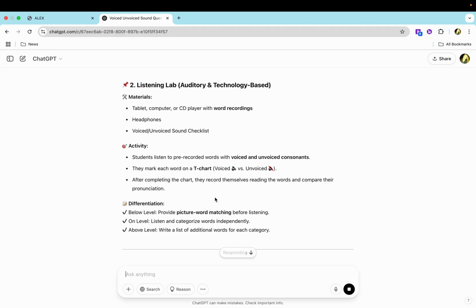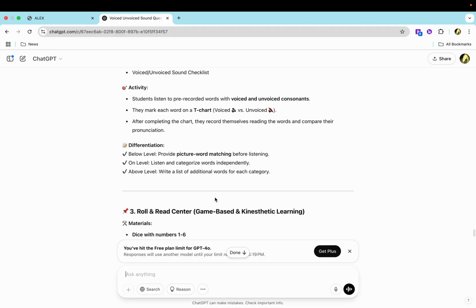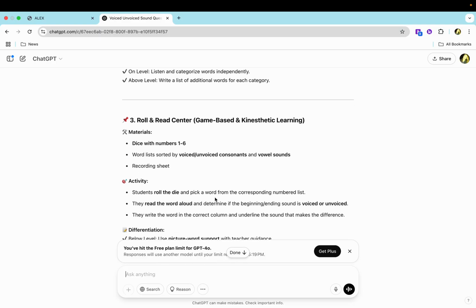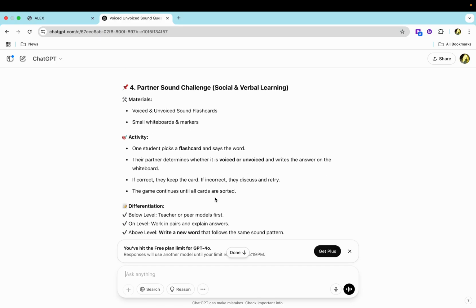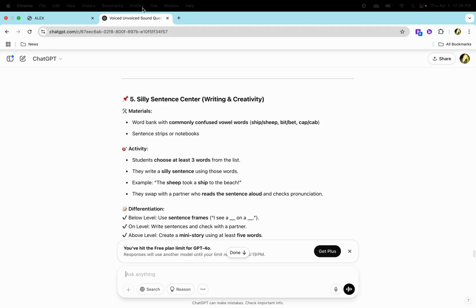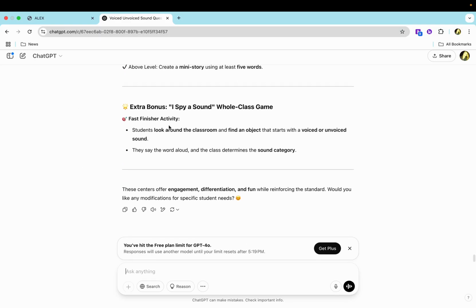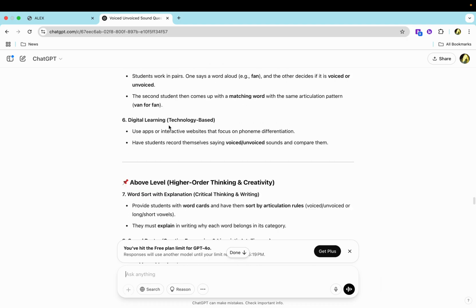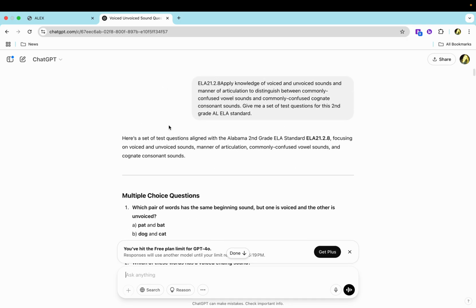Like listening lab, they could have their tablet, and then they mark each word on a T-chart, and then it even gives you differentiation for your below, on, and above. Roll and read. I did this one a lot, the silly sentence center. But anyway, yeah, that's how you make sure that your standards are aligned.